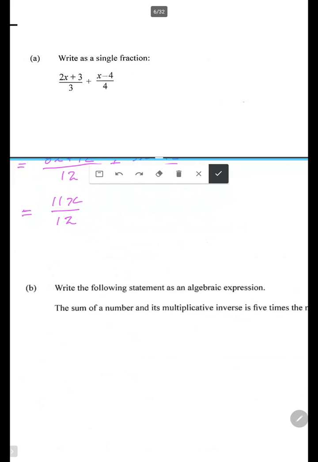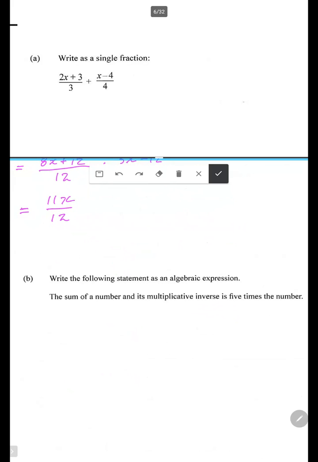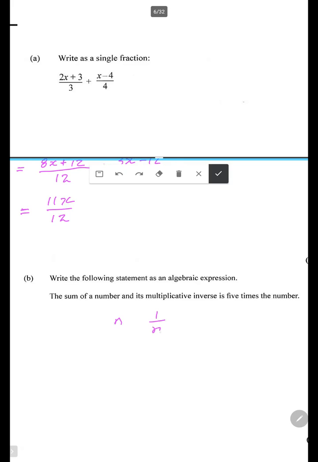Part B says we are to write the following statement as an algebraic expression. It says the sum of a number and its multiplicative inverse. The multiplicative inverse of a number n is 1 over n. Multiplicative inverses are such that when you multiply them, the answer is 1.